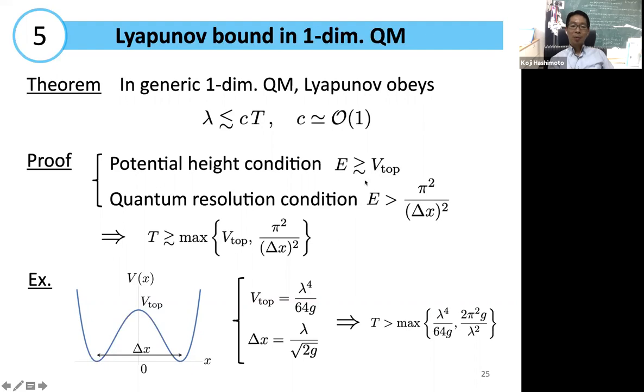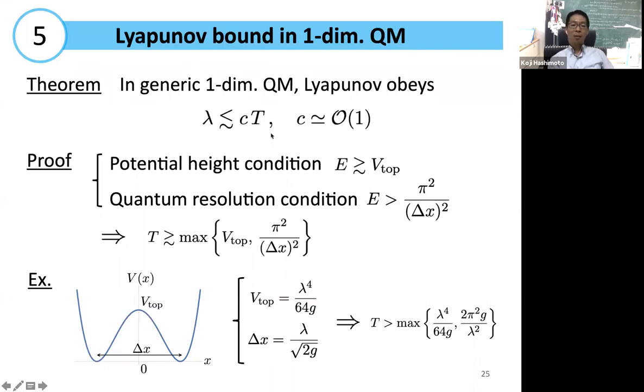Then the temperature needs to be bigger than this one and also that one. And when you consider this kind of potential, then V top and delta x are given by lambda and g like this. The temperature should be larger than this and this to probe the top. And then you compute this, and you can prove this bound.